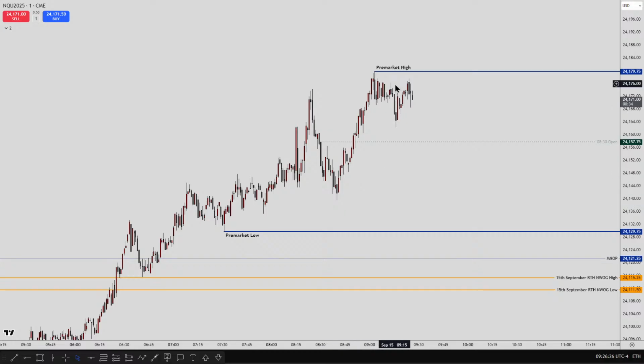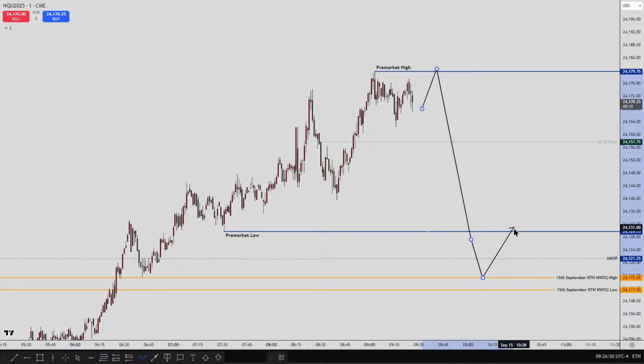So you want to default to something like this. Say we deliver up into that high, we manipulate that high, and then in that macro we take out a pre-market low. Maybe we trade into our new week opening gap, and then I would want to see something against this.